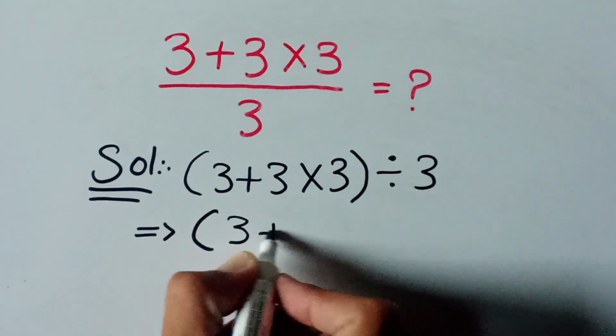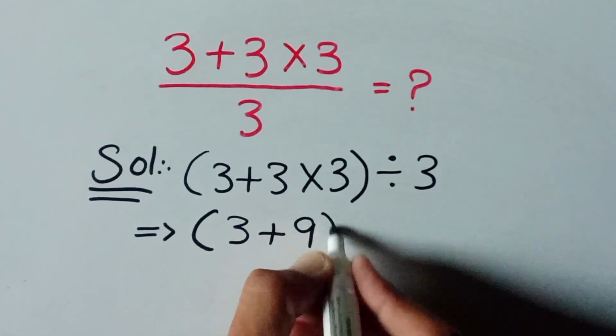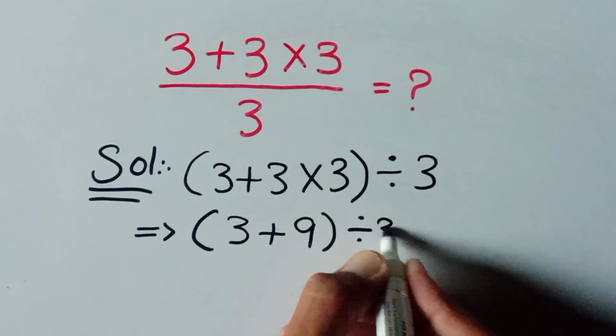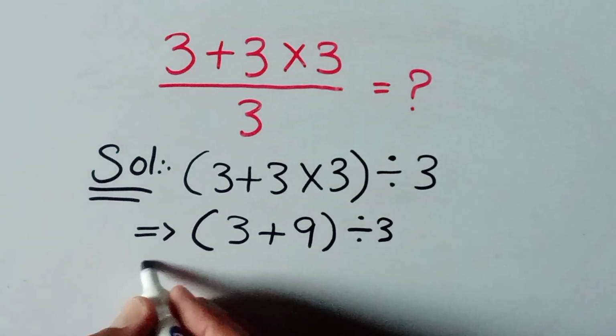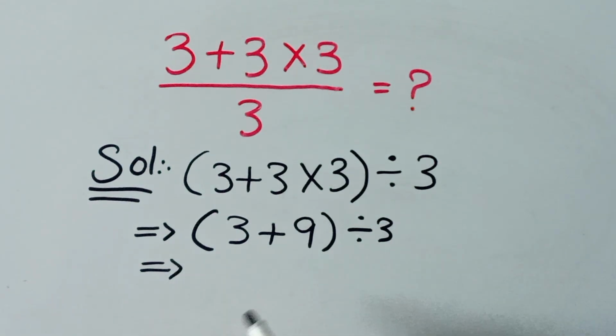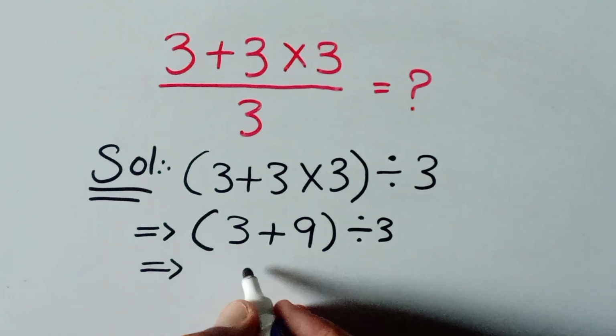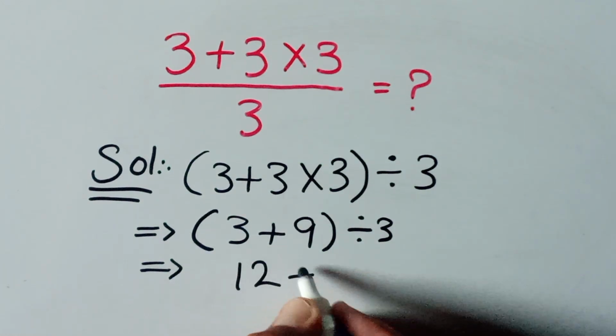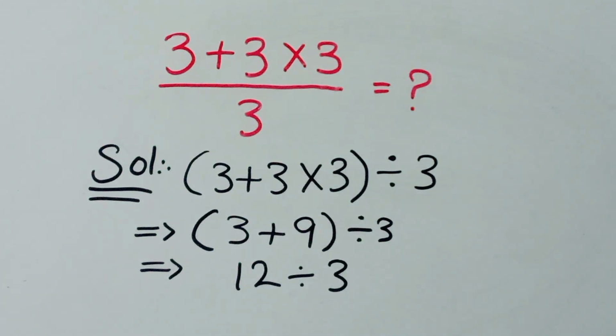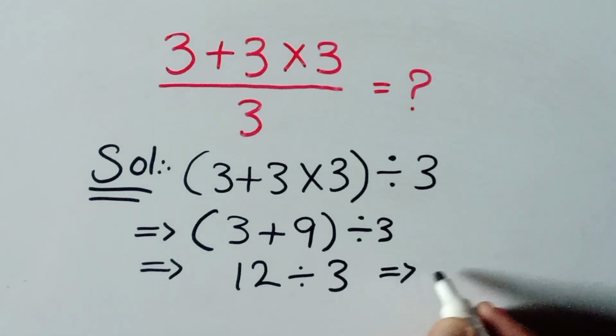So 3 times 3 equals 9, then 3 plus 9 equals 12, divided by 3. 12 divided by 3 equals 4.